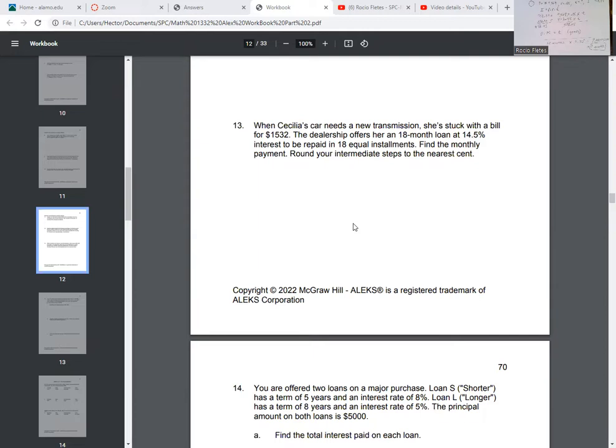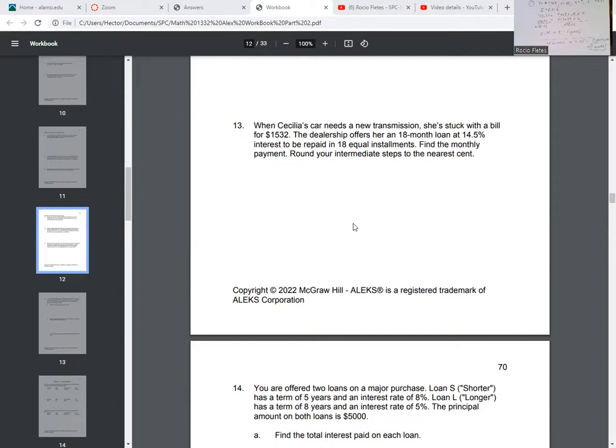Okay, so what's going on here with Cecilia? Cecilia has to pay for the transmission, and she is going to borrow the money from the dealership. So the principal here is 1,532, the time is 18 months, and the rate is 14.5%.